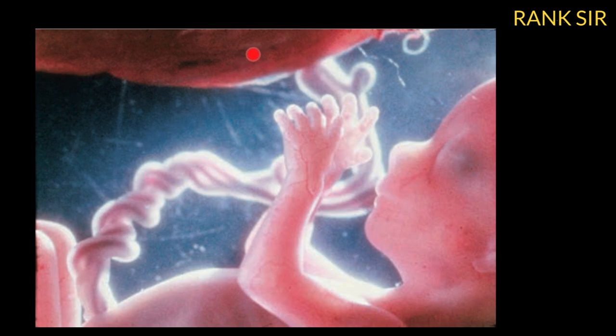The baby's blood also flows into this placenta. But keep in mind, the baby's blood never mixes with the mother's blood. The fetal hemoglobin within the baby's blood loads the oxygen that the mother's hemoglobin unloads. That's why the baby's hemoglobin gets oxygen, and it carries it to the baby.